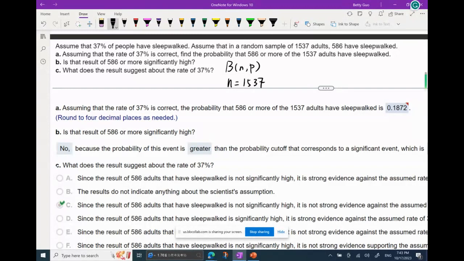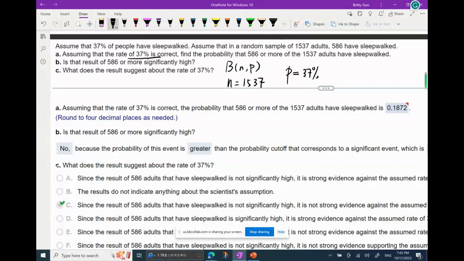And your P: assume that the rate is correct, then your P is 37%.